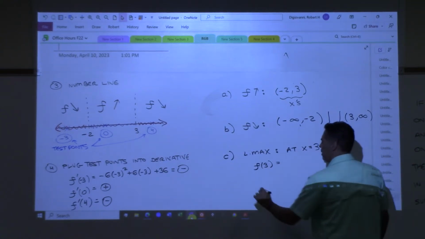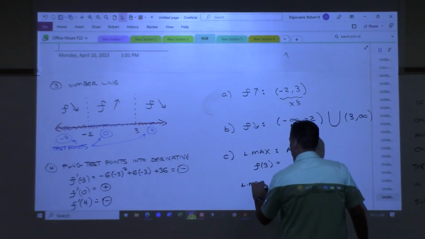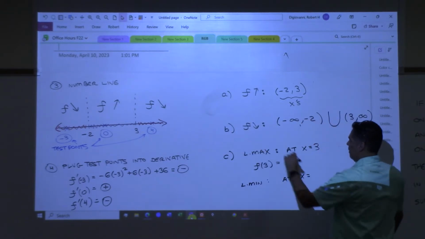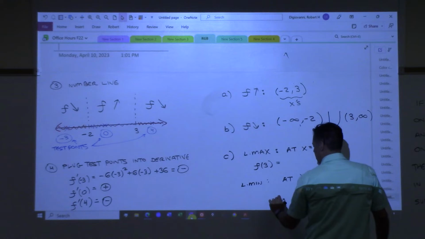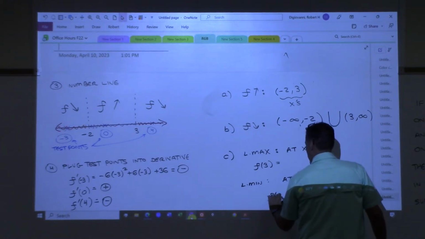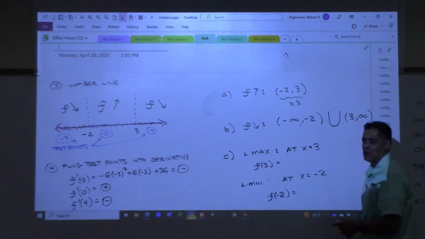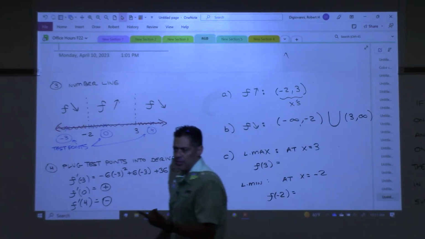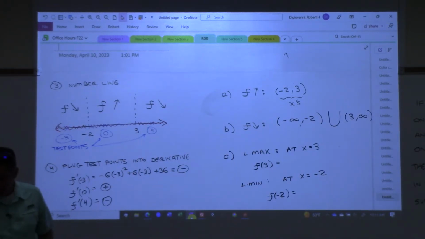And then we should have a local minimum. Where should the local minimum be happening? At x is what? -2, right? And that means if I plug -2 into the function, I can get the actual value, all right? So let me now come over here to the computer, and we're going to see if what we did makes sense with Desmos.